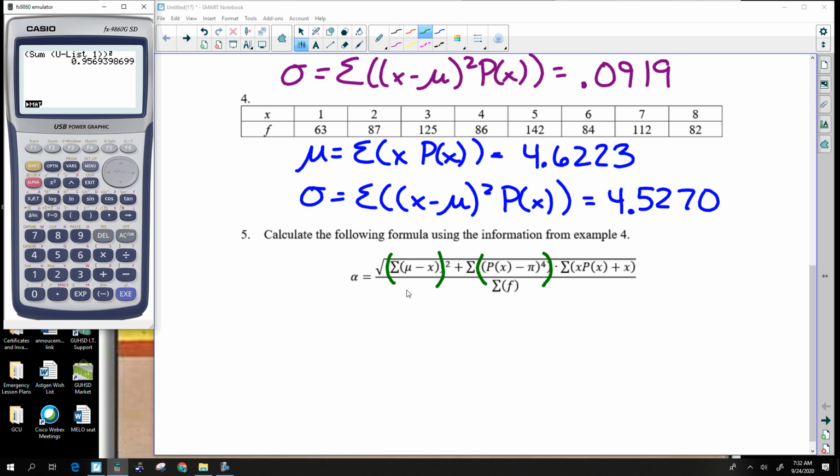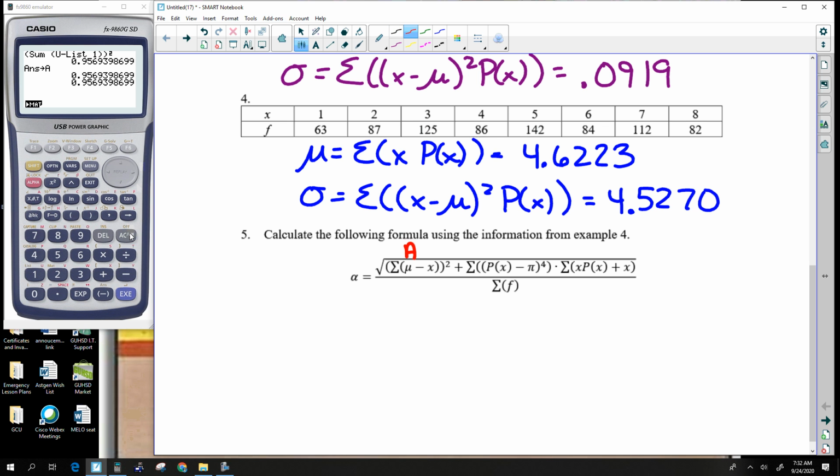Okay, so that is all of this first part right here. And what I'm going to do is that's a number. I'm going to store it as the letter A. All right. So this is A. Now I'm going to handle B, that middle portion.